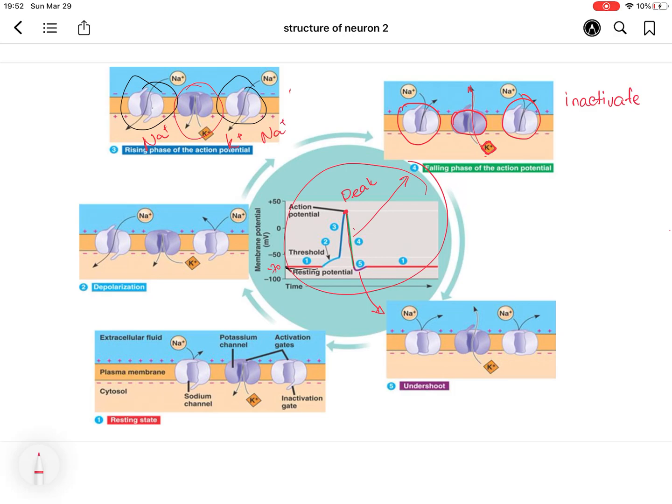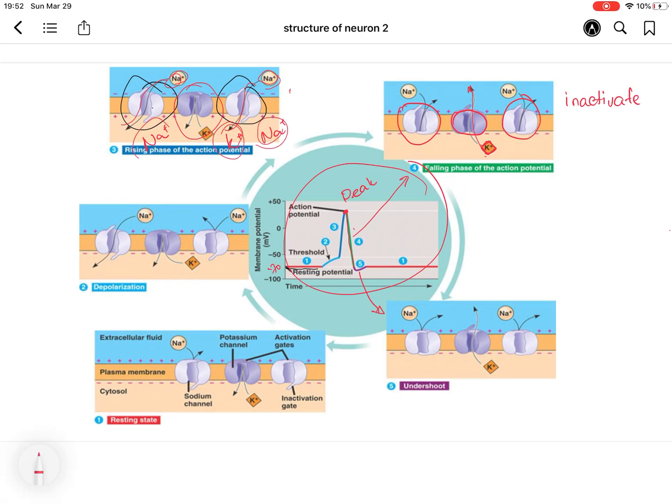Okay, here, through the open and closed potassium and sodium channels, this cycle occurs. Firstly, in the resting potential, all the channels are closed. It means that no sodium and no potassium ions can move through the plasma membrane. After the threshold is reached, the sodium channels open and sodium ions go to the inside of the cell.